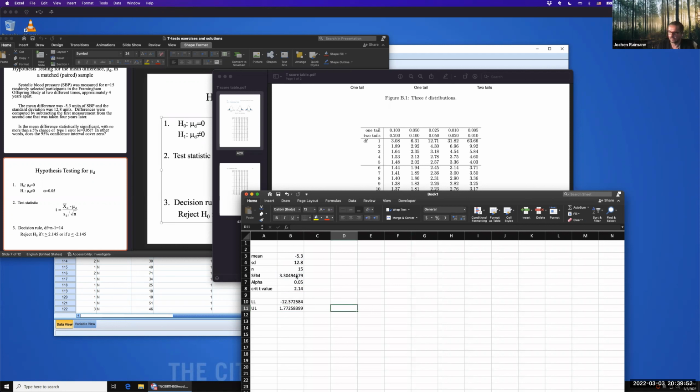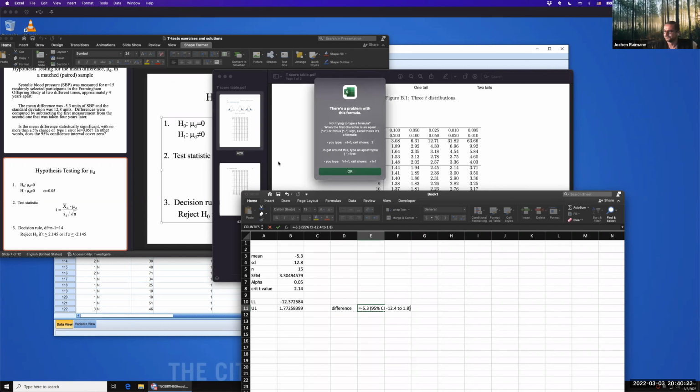So once again, we know that the difference is minus 5.3, with a 95% CI from minus 12.4 to 1.8.